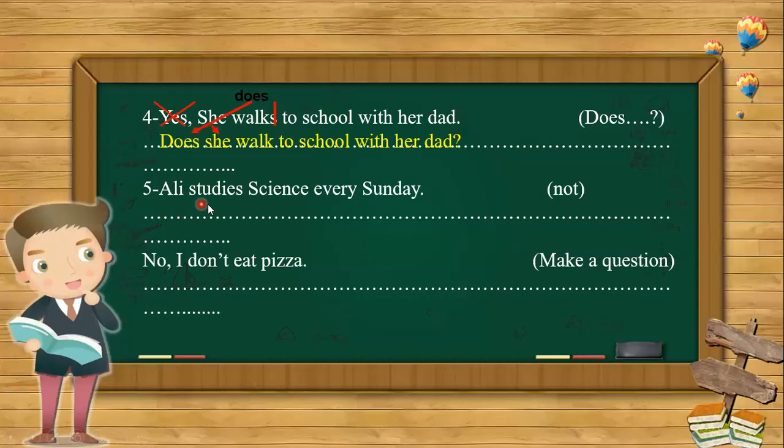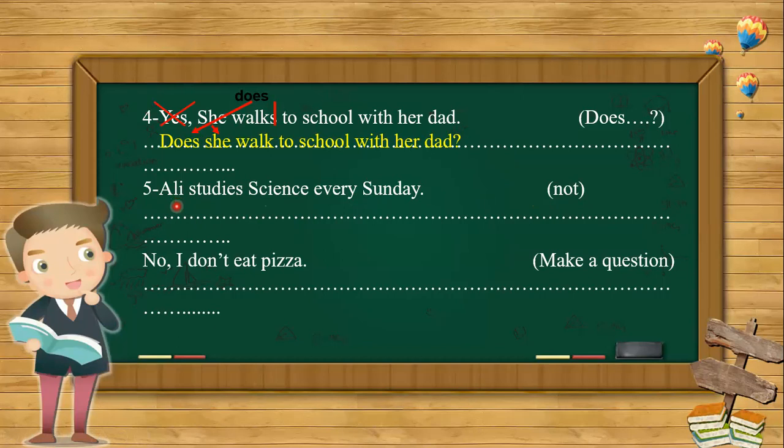Number five, Ali studies science every Sunday. I want to say not. In the negative, I will use don't or doesn't. Excellent, Adam. Excellent, Omar Hussein. Excellent, Yasin. With Ali, he will take doesn't.